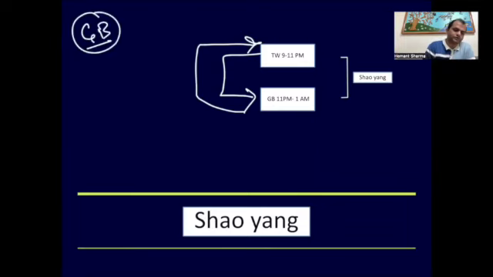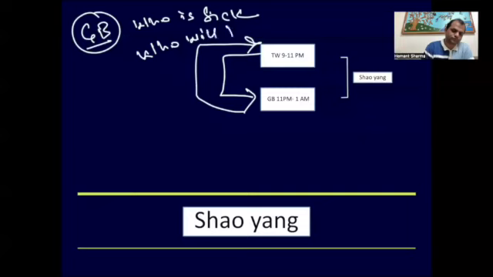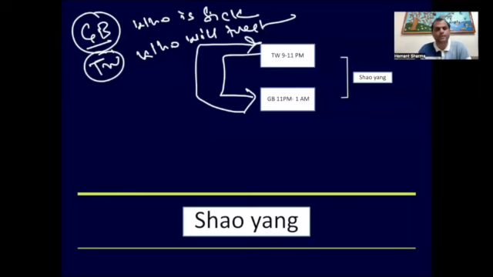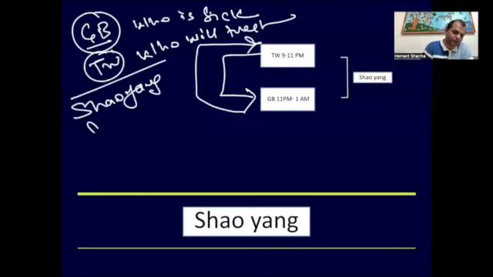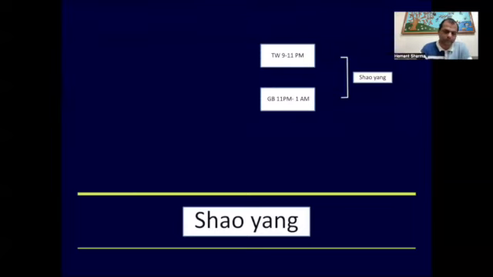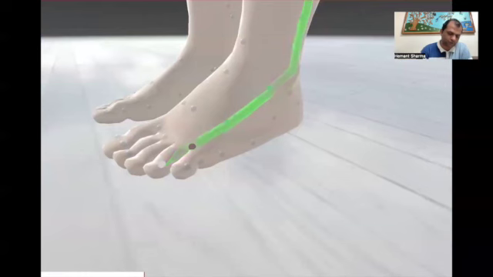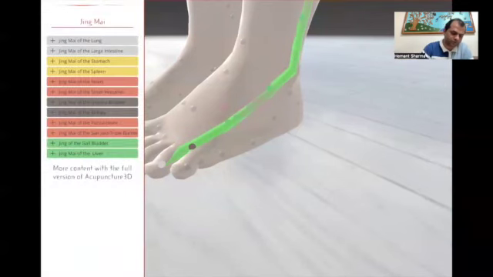Who is sick? Gallbladder is sick. Who will treat? Triple Warmer will treat, because both belong to one family, that is called Shao Yang family. Okay, triple Warmer. Wow, wonderful. We found the triple Warmer. Let's do the treatment with the triple Warmer.